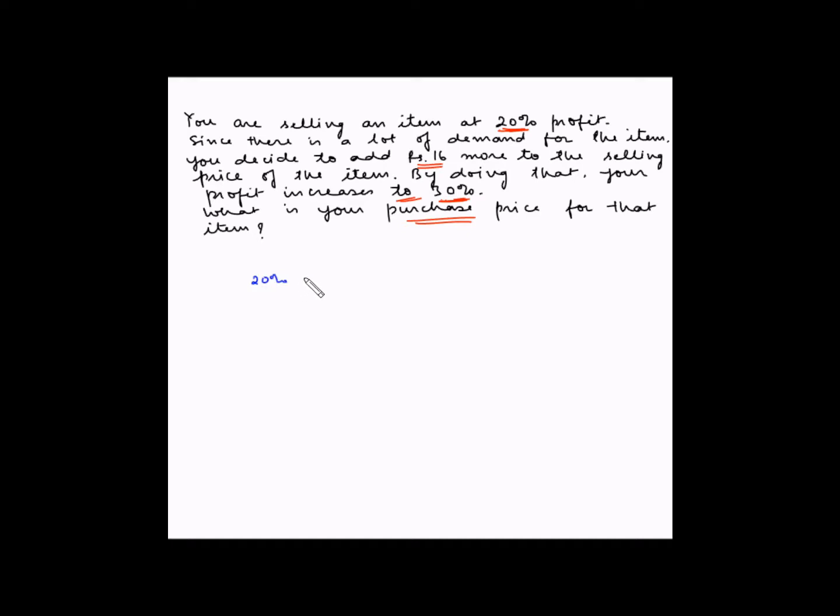20% of cost price. This is the original profit, and to this profit we are adding rupees 16, so plus 16, and this becomes our new profit. So this is equal to 30% of cost price.